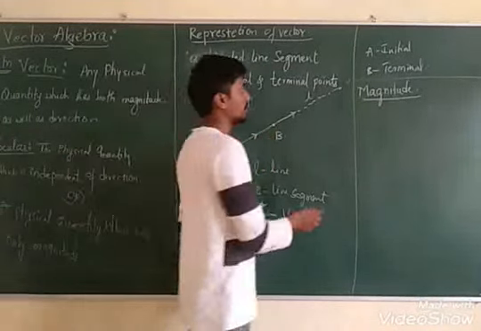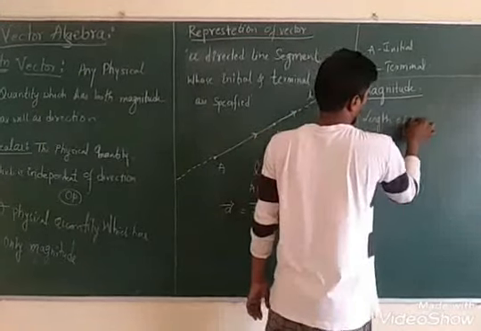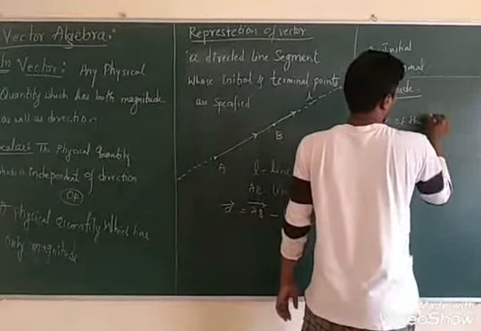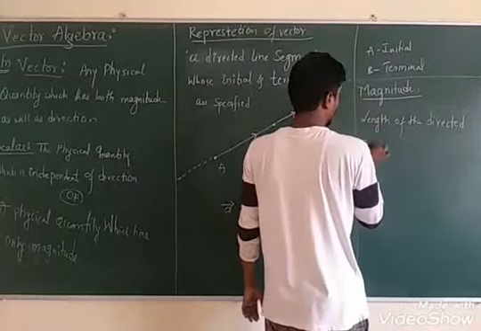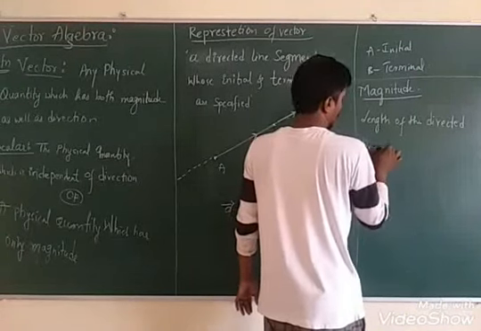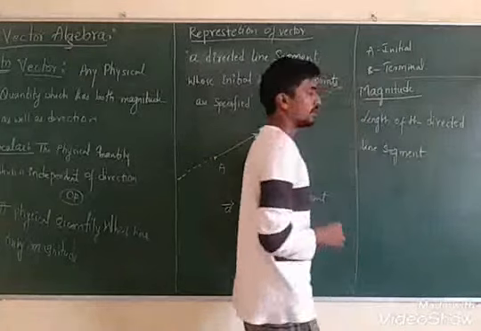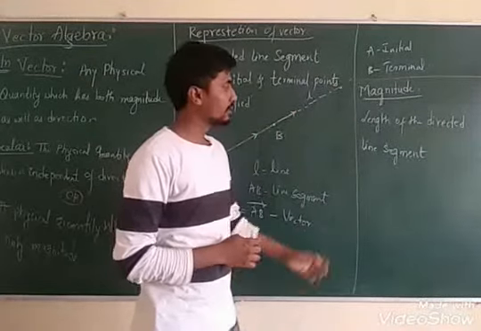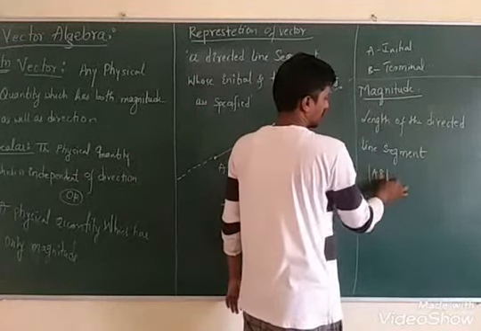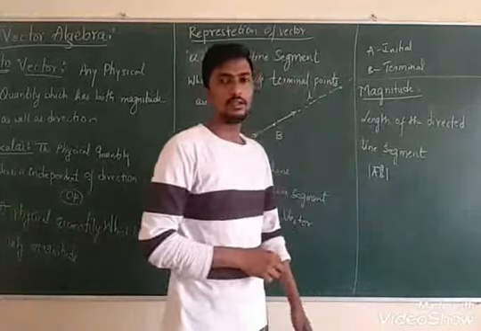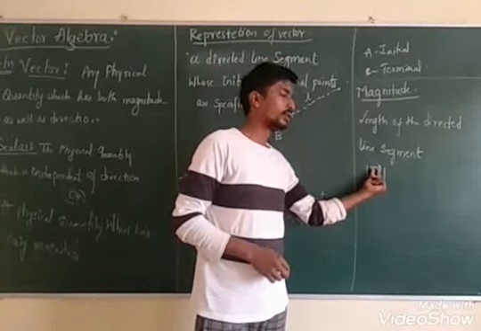So the magnitude is nothing but the length of the directed line segment. We are going to represent it by this notation. This is the representation of the magnitude of the vector.